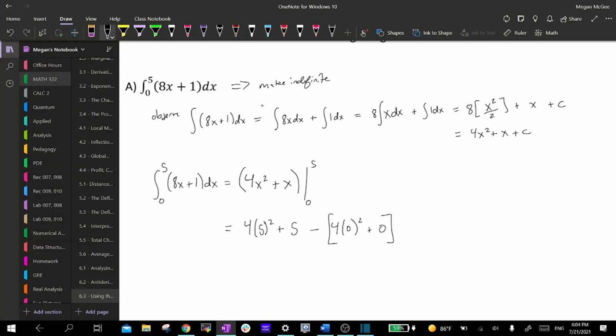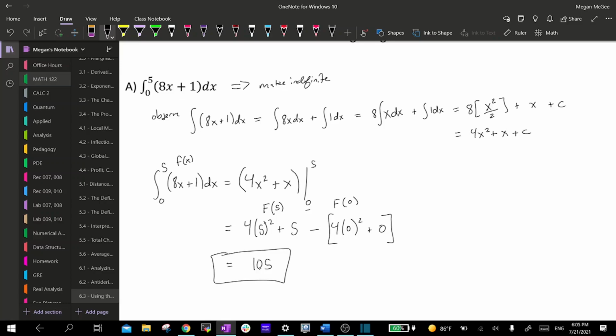In terms that we recognize, if this is lowercase f of x here, then this is uppercase F of 5 minus uppercase F of 0. This is just using our fundamental theorem. So let's evaluate. 5 squared is 25, times 4 is 100, so we have 105, and everything on the right-hand side evaluates to 0, so we end up with 105 as our answer.